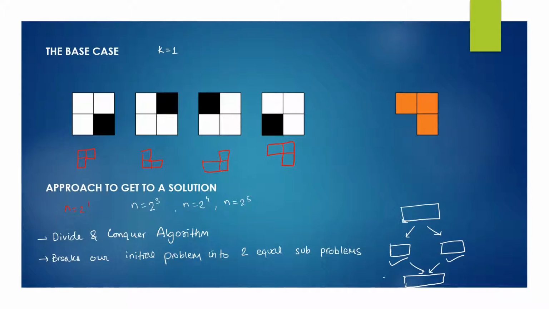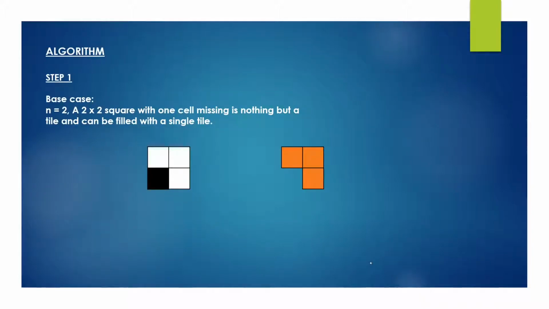So we're going to be using this particular algorithm to solve our defective chessboard problem. Let me illustrate how. First of all, we have our base case where n is equal to 2, or 2 to the power 1, which is just a 2 cross 2 square with one cell missing, and it can be filled with a single tile, right?